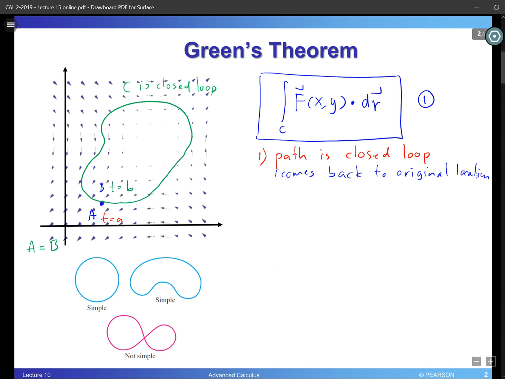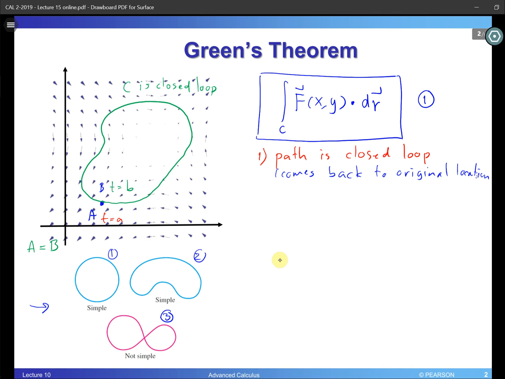And there is one more thing about this closed loop condition. It has to be simple. Alright, so what does it mean to be simple? Let's take a look at the picture on the left hand side at the lower part. Simple is something like this. First one, number 2 is simple, and number 3 is not simple. Why? Because in number 3 the path crosses itself along the way.